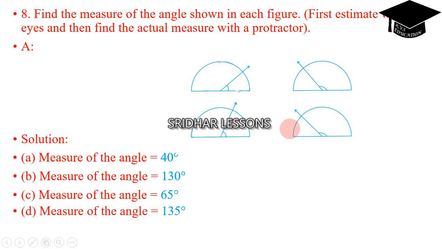Dear students, don't worry, I have shown you in this session how to use the protractor. So follow those guidelines and try to measure. Before measuring, try to estimate. Check how near your estimation is to the accurate value measured by the protractor.